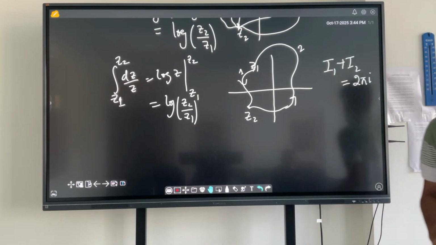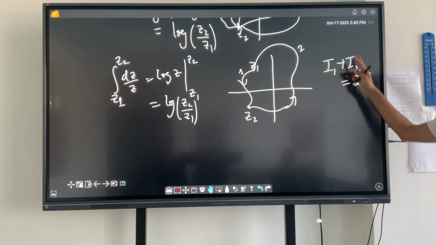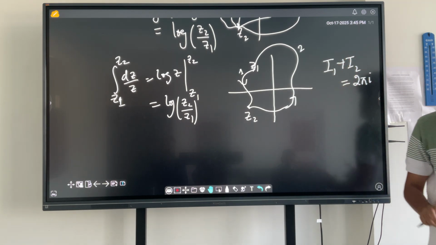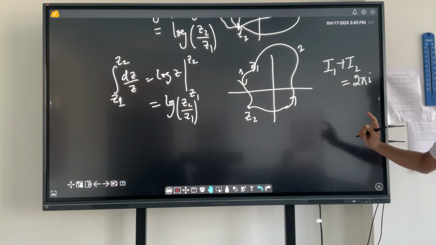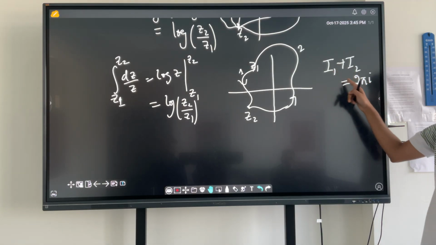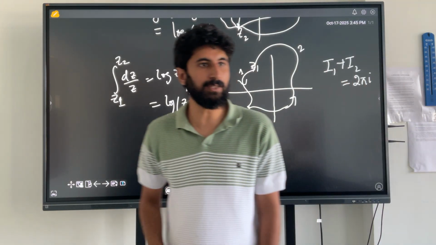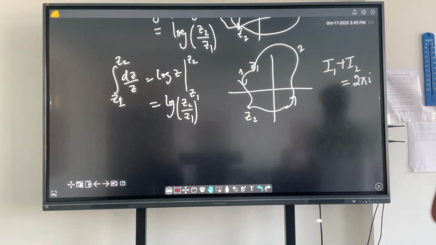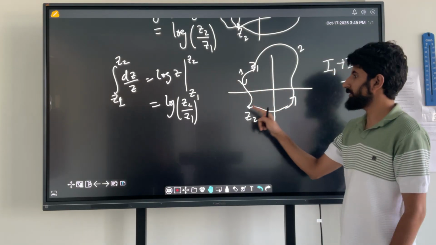So one has to differ from the other by 2 pi i. That's why I'm saying that you have to associate different values to these two integrals.